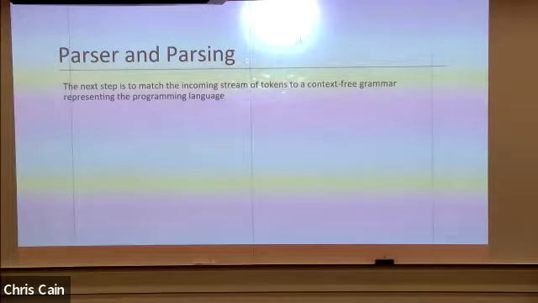One of the very first classes in here, we looked at the Java language grammar. So now we need to have built some kind of context-free grammar that matches the syntax of the programming language.